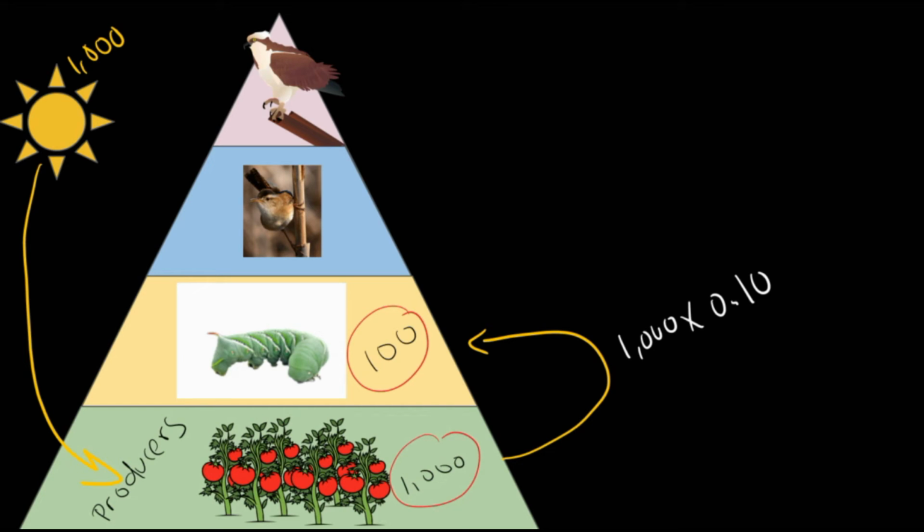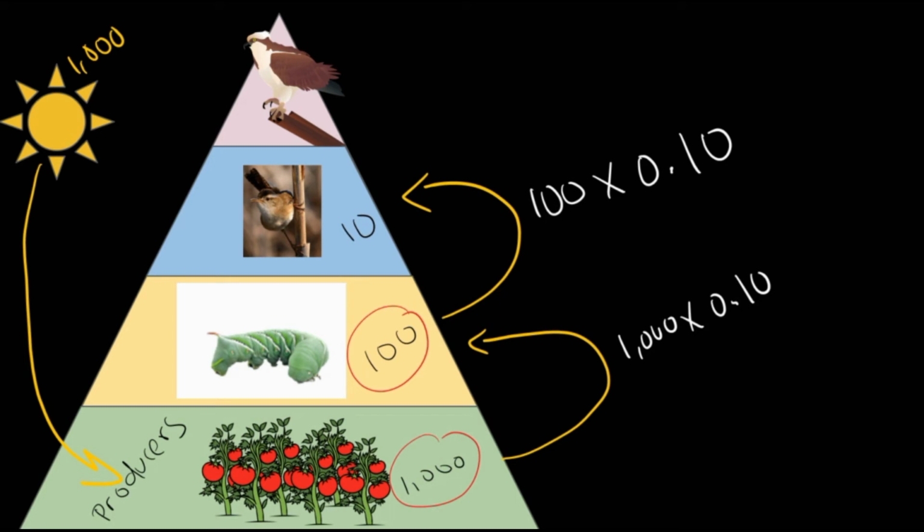And if he were to be consumed by our next level, which is our Carolina wren, only 10% would move up again. So then I would go ahead and do 100 times 0.10. That's going to get us 10 units of energy for the wren to use.